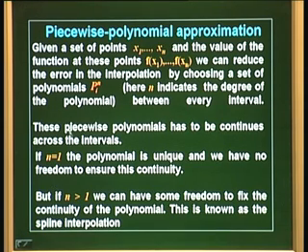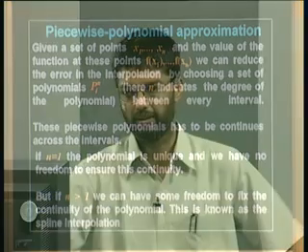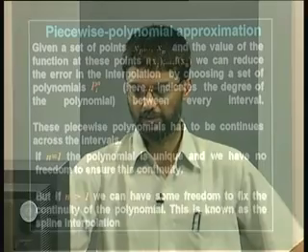Continuous means that the polynomial you construct for the interval 1 to 2 and the polynomial you construct for the interval 2 to 3 should match at point 2, and if possible, their derivatives should also match at point 2. Then we will make sure that it is continuous. That is what we are going to do here.